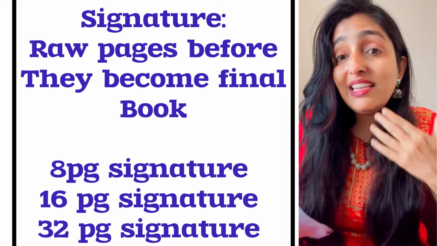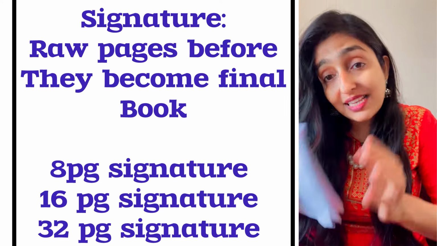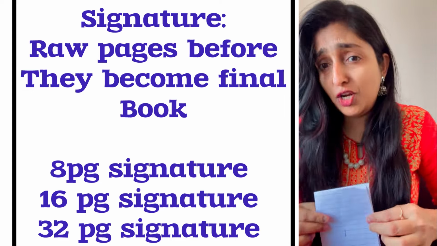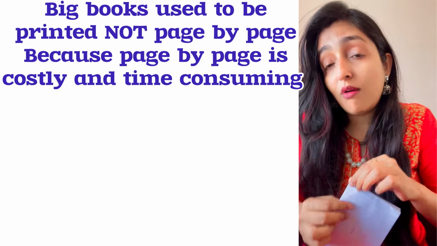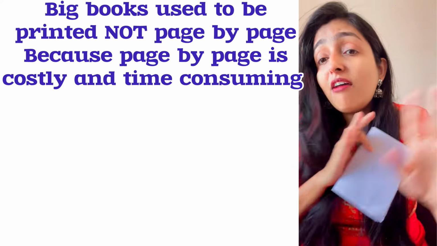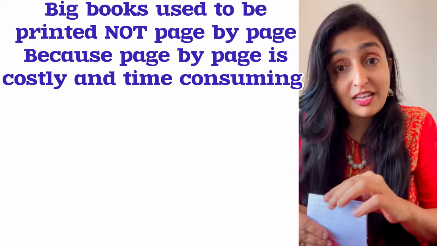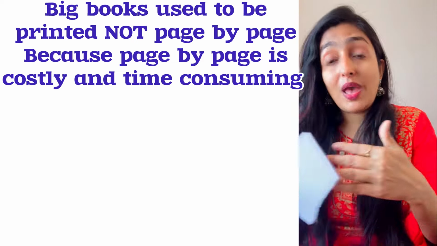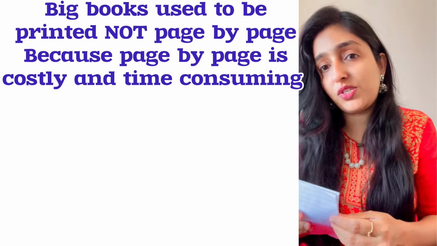There are many types of signature, like 8-page signature, 16-page signature, 32-page signature. Now, what are they and what is their purpose? Big budget books or heavy books cannot be printed page by page because it's very time consuming and not at all cost effective also.